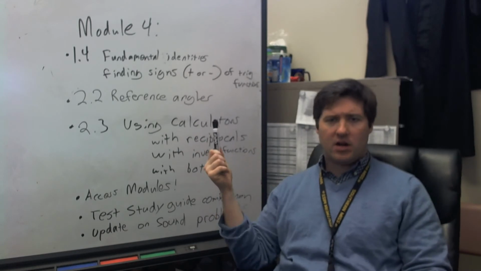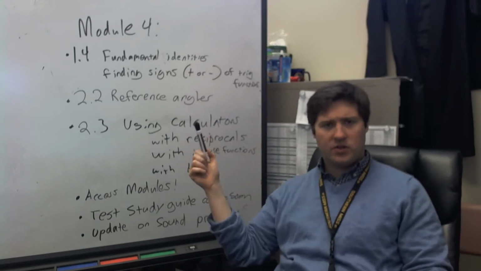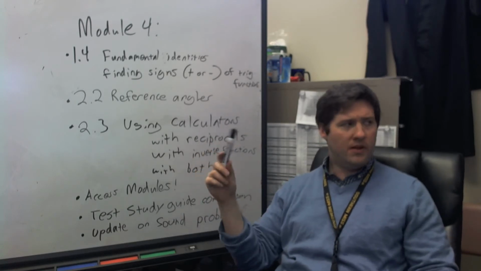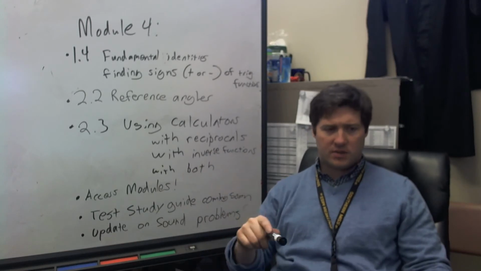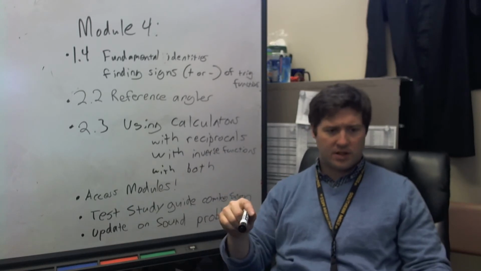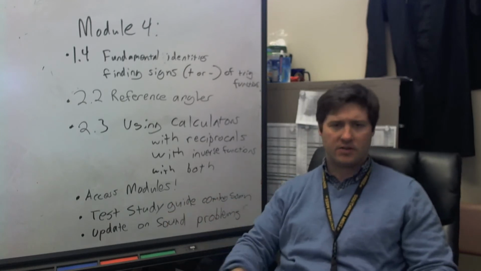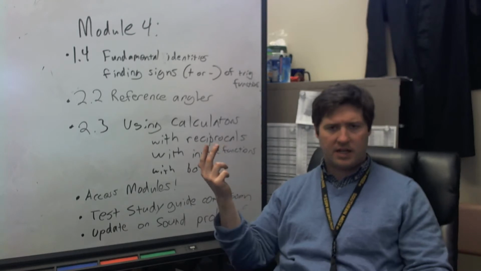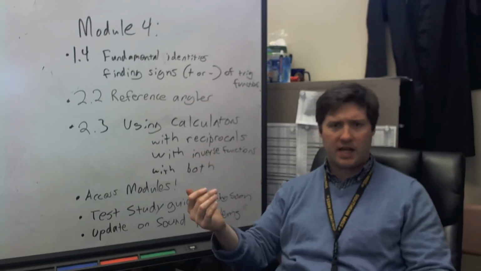Reference angles, these are how I determine trig function values for any angle that's a multiple of one of our standard angles, like 30 degrees has 30, 60, 90, 120, 150, 180.